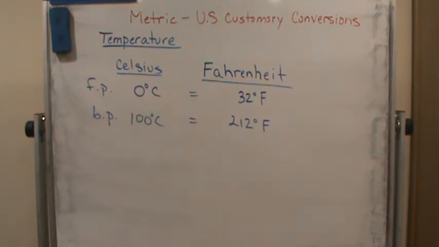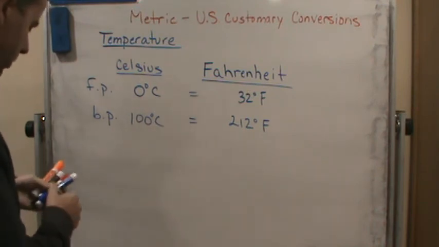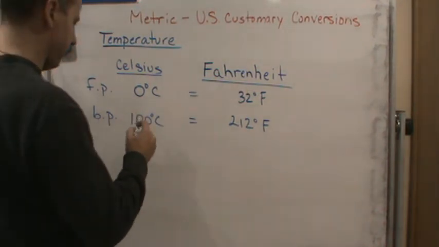If we look there, we find that the answer is 10 degrees. And so 50 degrees Fahrenheit is equal to 10 degrees Celsius.